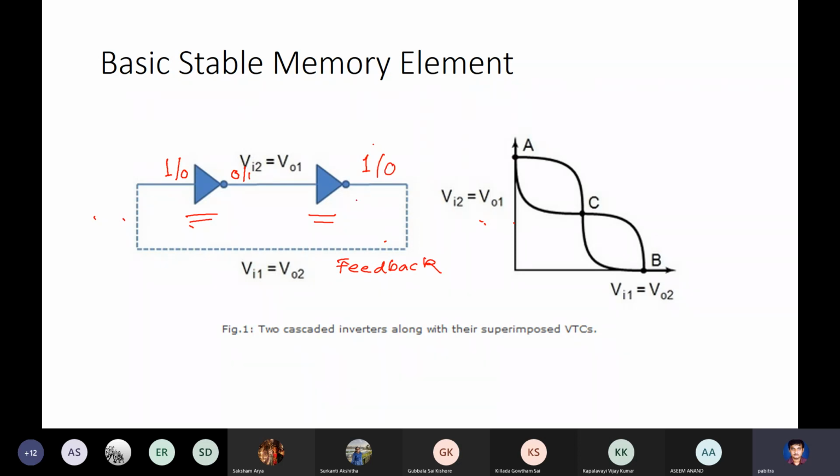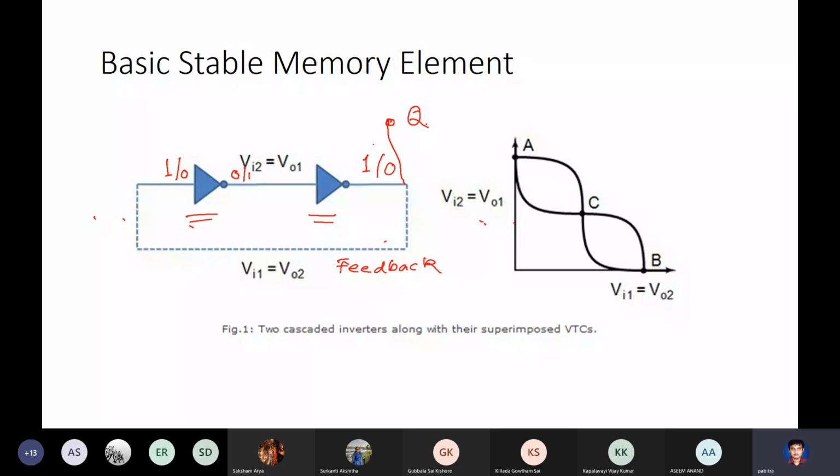If we somehow measure the voltage value at the output of the second NOT gate, and we call that a variable Q, this Q is held or stored for a time.